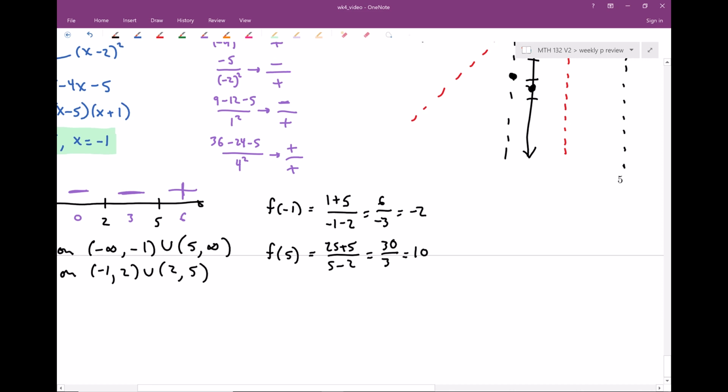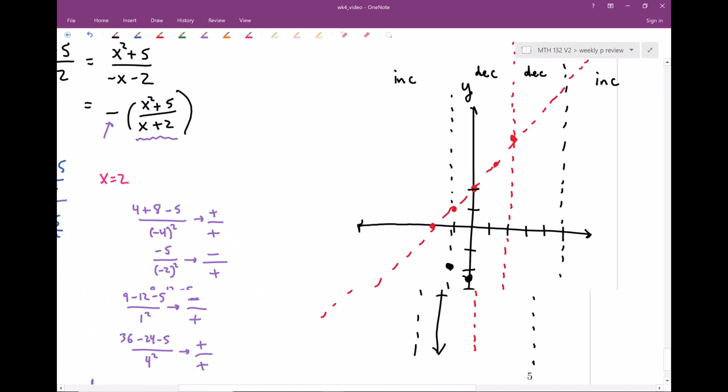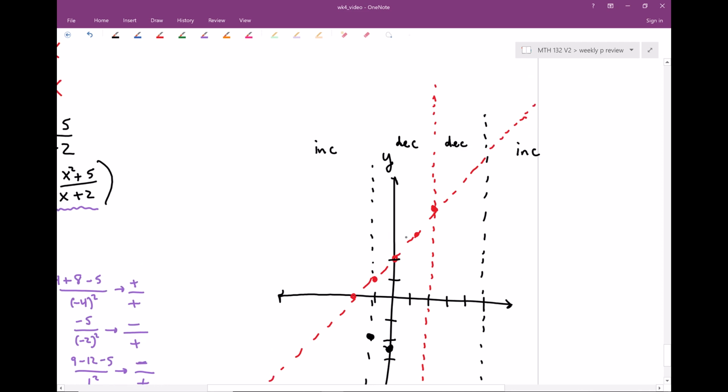I know you see that maybe I didn't have enough room in my graph, but let's go ahead. 1, 2, 3, 4, 5, 6, 7, 8, 9, 10. So over here, for instance, this is where we're going to have our other critical point. All right, and that is part C.